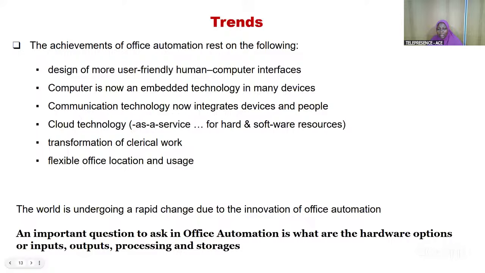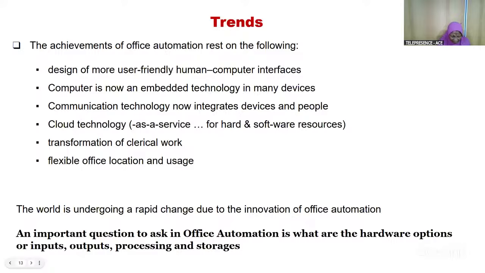You can actually knock at the door of a hotel, pay for 1 day or 1 hour or 2 hours. You are buying that space as a service. You are purchasing that service. So also in cloud technology, you can actually get this hardware and software provided for you as a service.